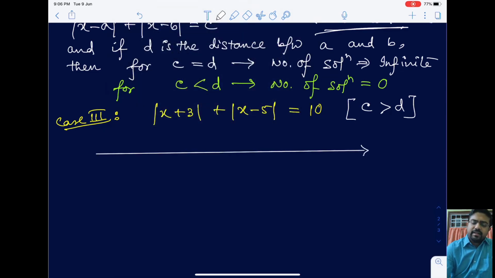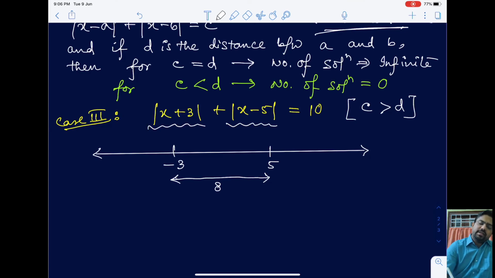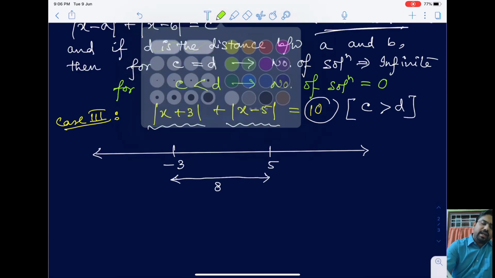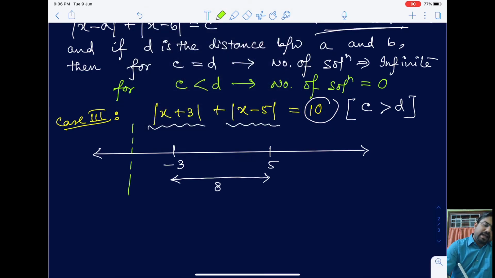Similar to before, we locate the critical points -3 and 5 on the real number line, and we have already seen that the distance between them is equal to 8. Here the sum of these two distances is equal to 10, which is obviously greater than 8. So we can tell that x can lie in this region or x can lie here, because the sum of the distances has already exceeded 8.